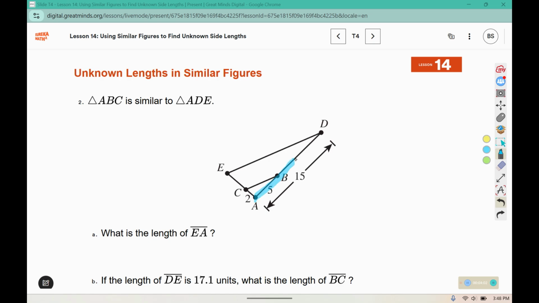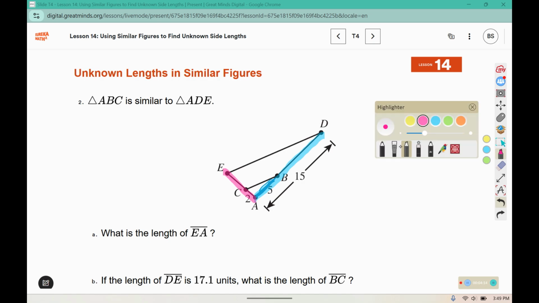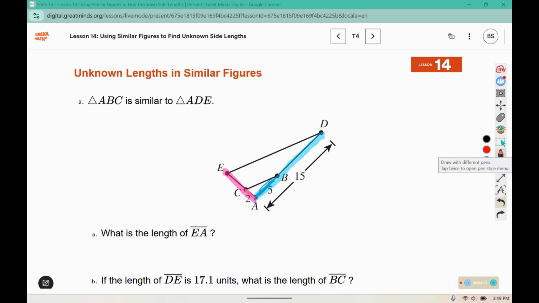So I have this long side length here, which matches up with this little side length here. I have this long side length here from the big one that matches up with this piece from the little one. So like I said, my students like to put those big ones on top and the small ones on the bottom.